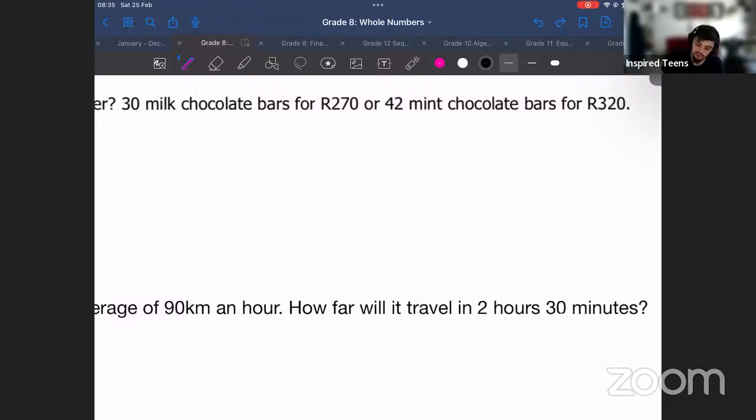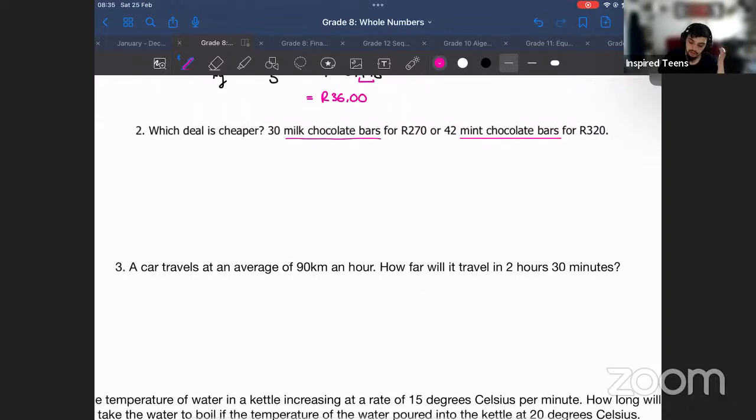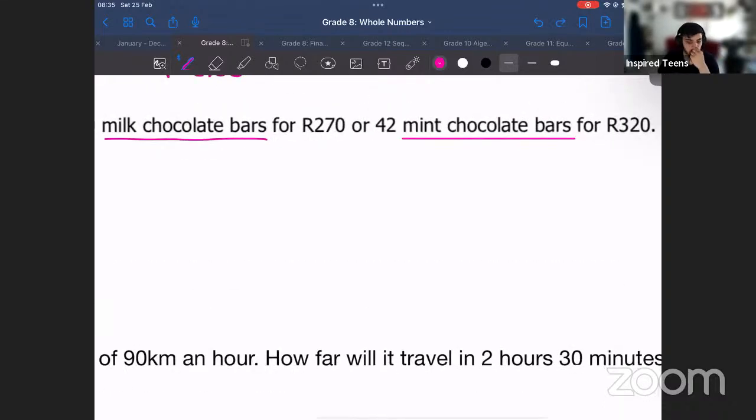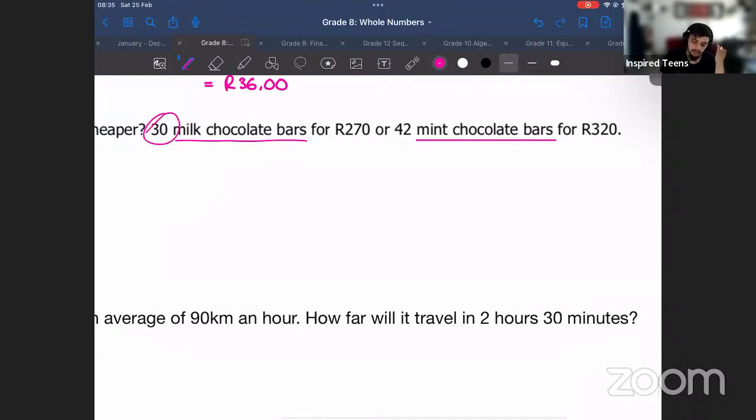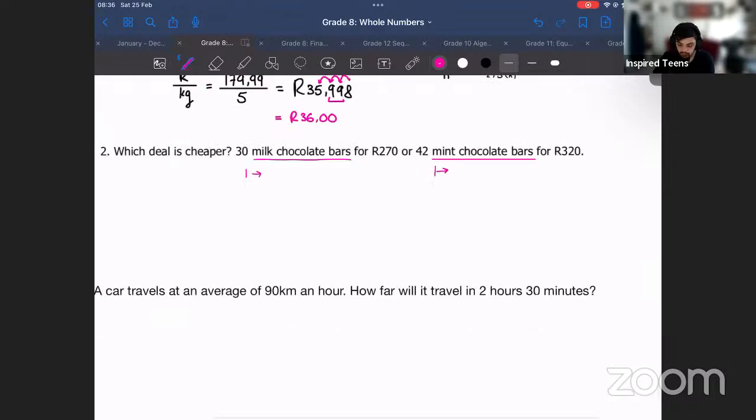You can address this question on your own. I would suggest you calculate the value of each chocolate bar, and that would tell you which deal is cheaper. You can't compare the price of 30 and 42 chocolates respectively. But if you reduce it to the price of 1 chocolate bar and 1 mint bar, then you can compare them. So do that.